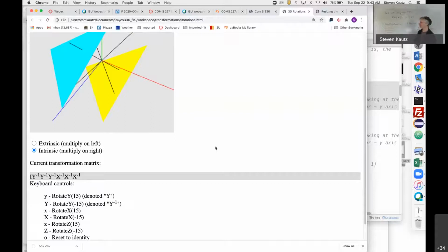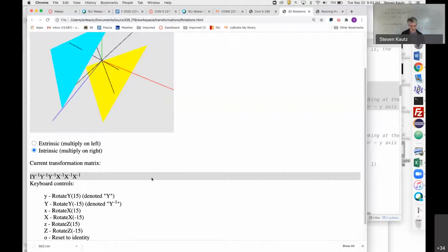So let's see if we can do this. I've got it checked intrinsic, meaning that when I press a key, it's going to multiply on the right, which is what I want it to do. I wanted this y to be with respect to the current location of the y-axis, in other words, the local frame.